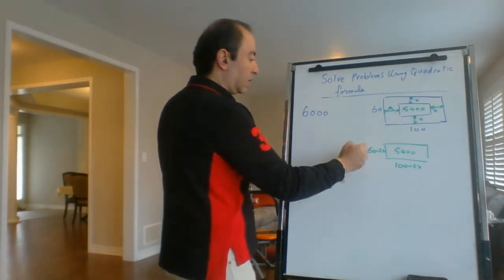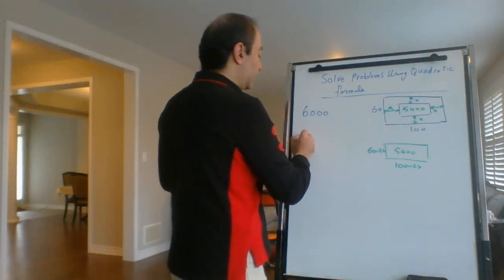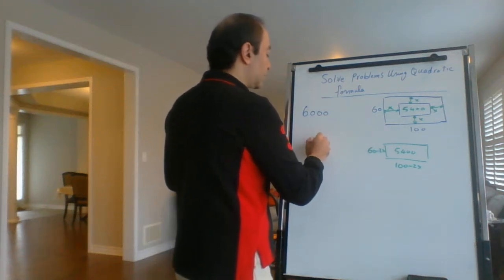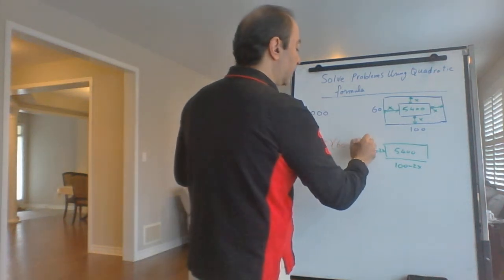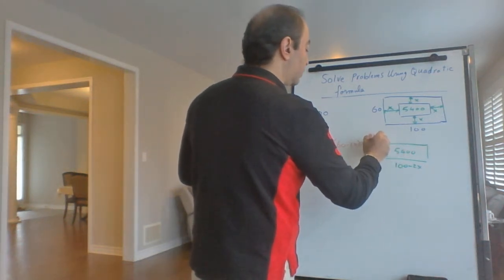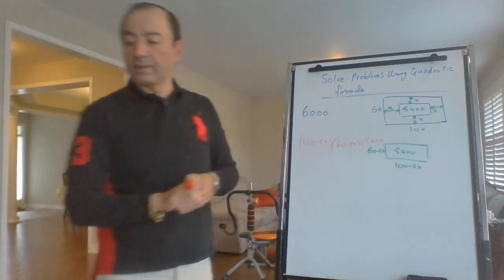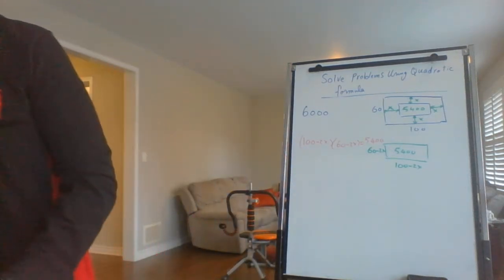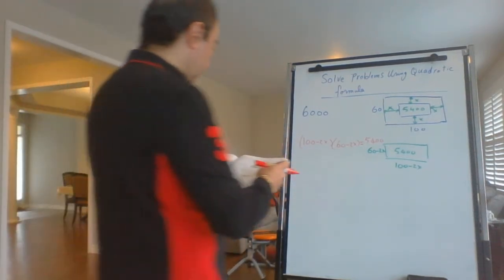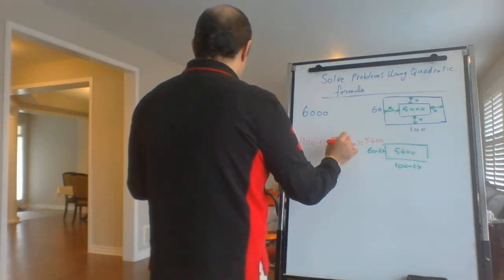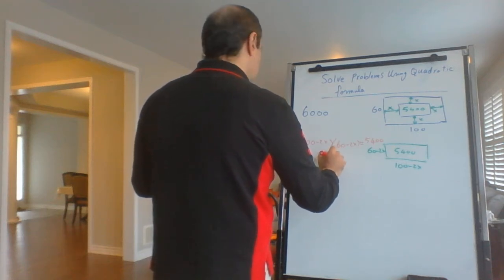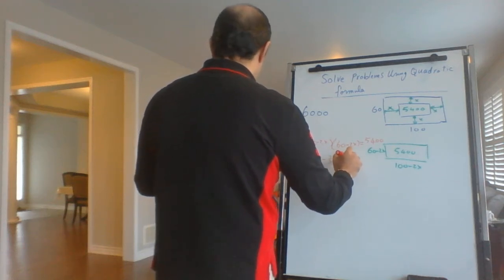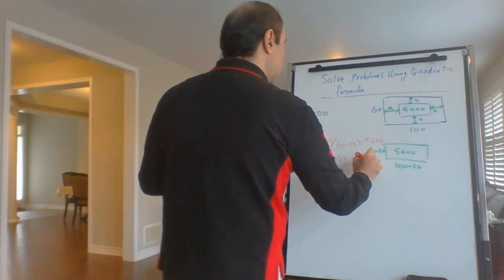So the area is length times width, so 100 minus 2x times 60 minus 2x has to equal this area, 5,400. Then I'm going to be a little bit fast. So if we expand this and send everything to one side, 4x squared minus 320x plus 600 will equal 0.